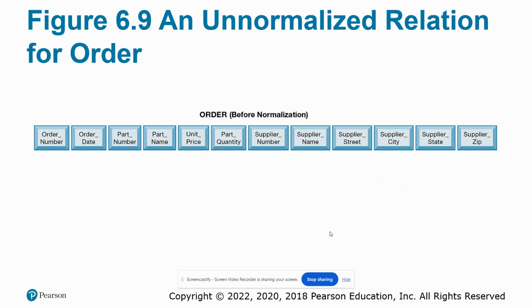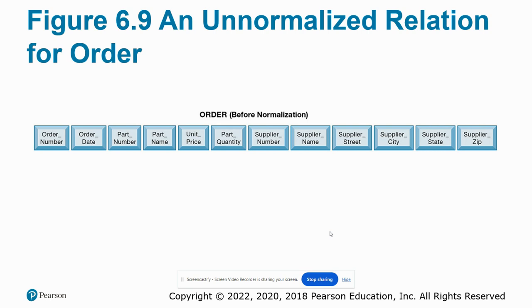The graphics on this slide and the next illustrate the process of normalization. Here, one table lists the relevant data elements for the entity order. These include all of the details about the order, the part, and supplier.